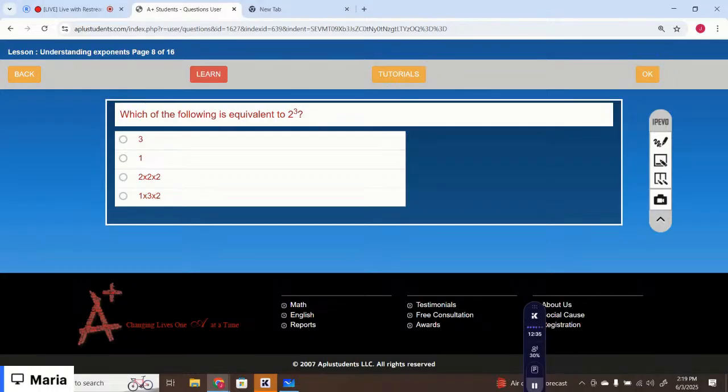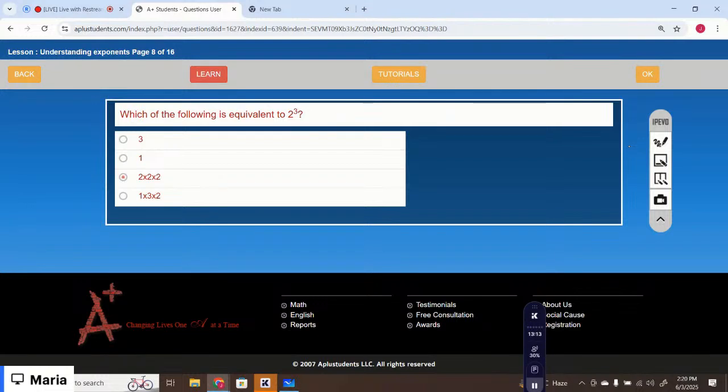Which of the following is equivalent to 2 exponent 3? So which is the correct option? 2 exponent 3 equals 2 times 2 times 2.